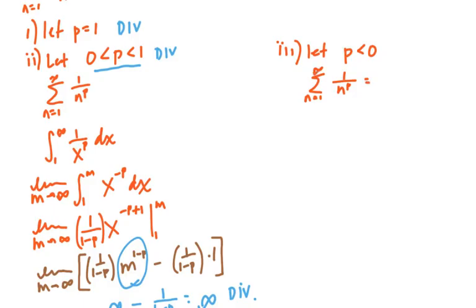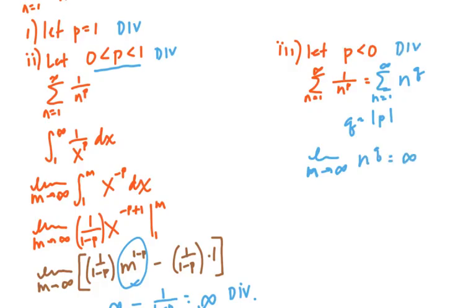So let's call it the sum from n equals 1 to infinity of n to the q. Because p is negative, let's let q equal the absolute value of p, because my negative exponent would move to the top up here. And then you can see that as we approach infinity, that is infinity. We could just use a limit to say the limit as n approaches infinity of n to the q equals infinity. So this one is divergent.